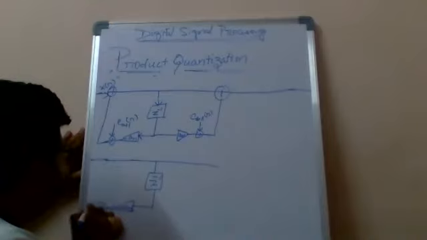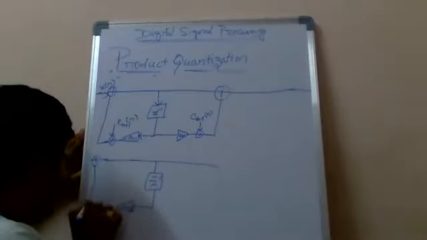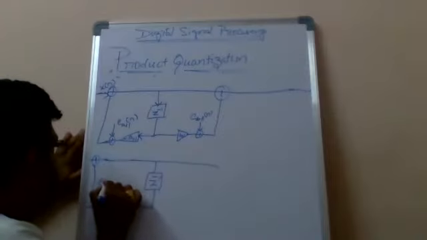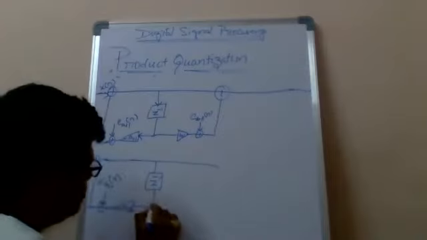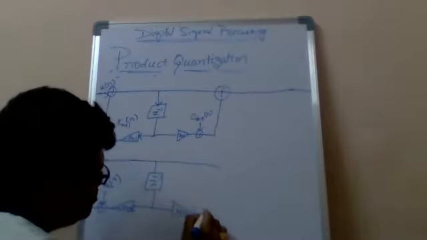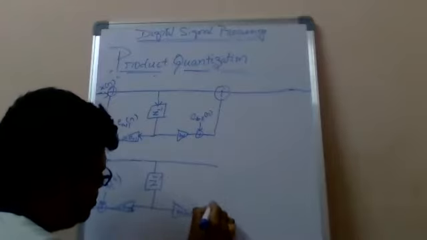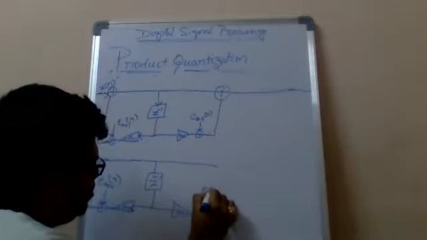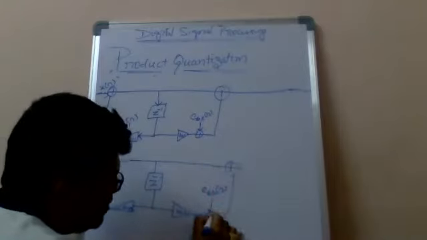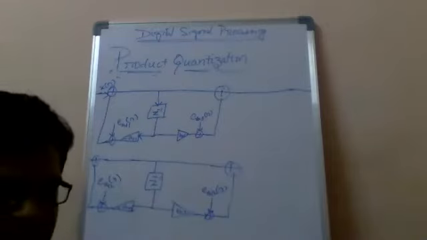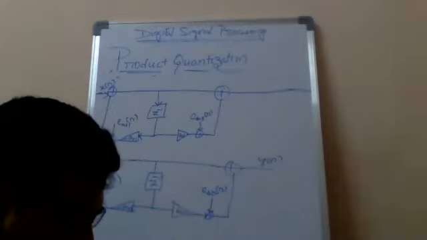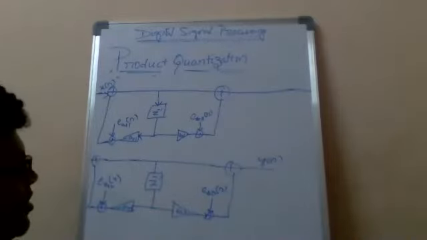Then I have the error function here, so this is EA12 of n, and here again I have B12, and with respect to this product I have EB12 of n. So this will be my final output y of n, right?